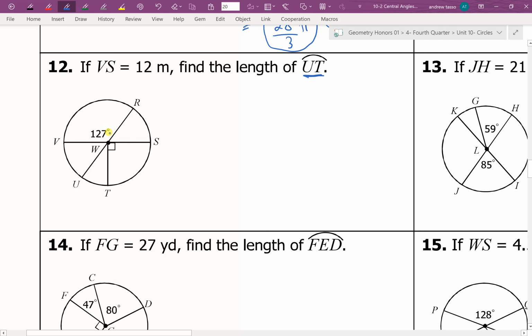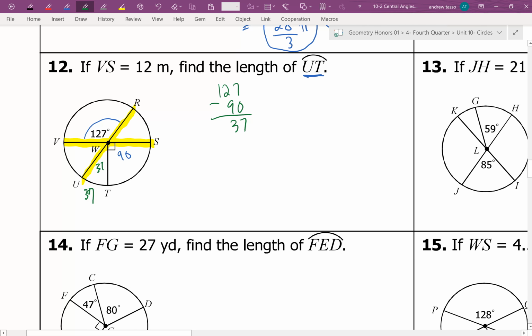We have 127 here and 90 here, and if you notice, these are equal, because here we have an X, and angles across from each other in an X must be equal. So if we do 127 subtract 90, that gives you 37 degrees, and that can go on the side over here, because 37 and 90 would equal 127.